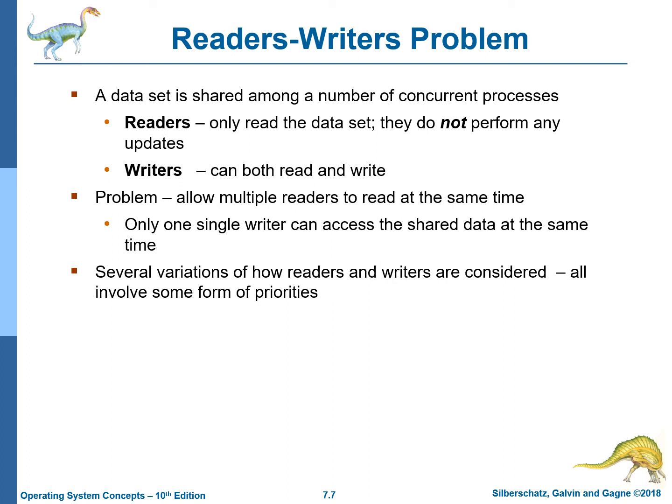A process that wishes to modify the shared data must request the lock in write mode. Multiple processes are permitted to concurrently acquire the reader-writer lock in read mode, but only one process may acquire the lock for writing. So exclusive access is required for the writer.